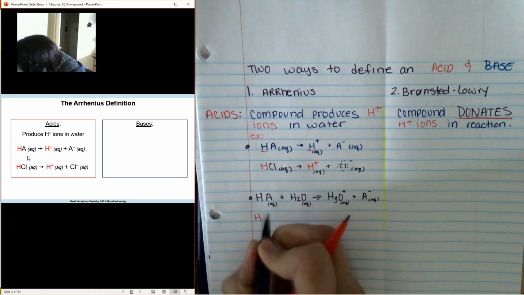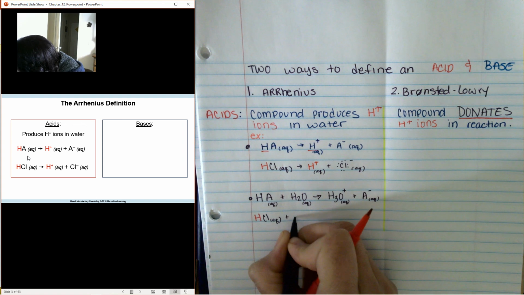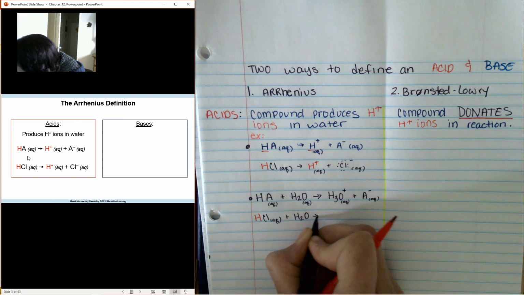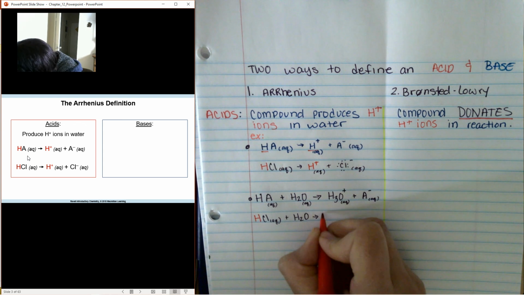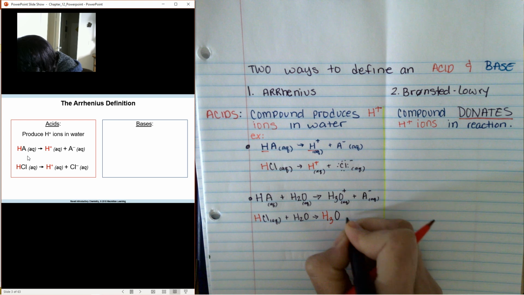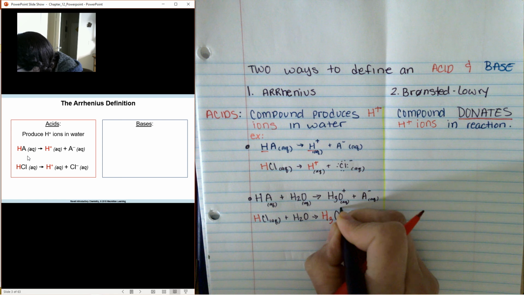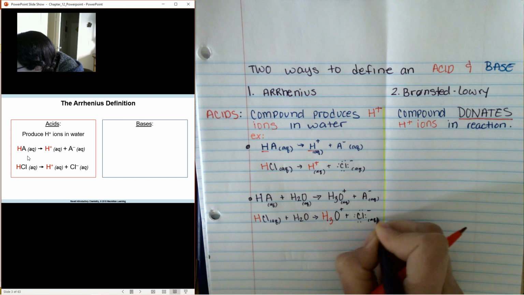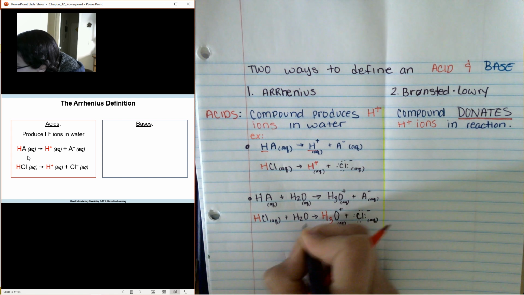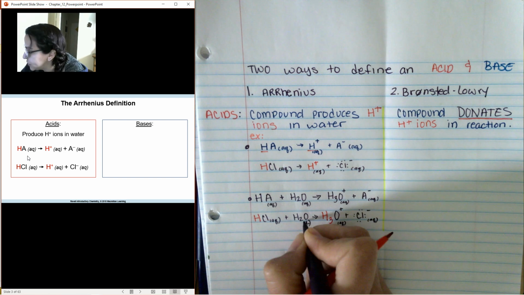So hydrogen chloride, aqueous, plus water, H2O, is going to produce H3O plus and our chloride ion. And they're all aqueous, except for water, which is a liquid.